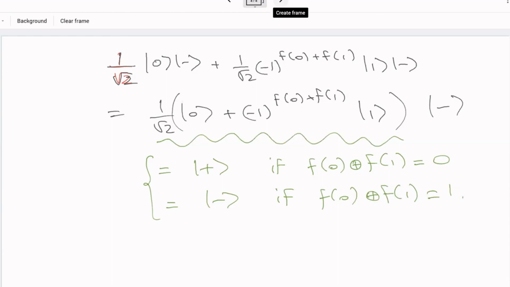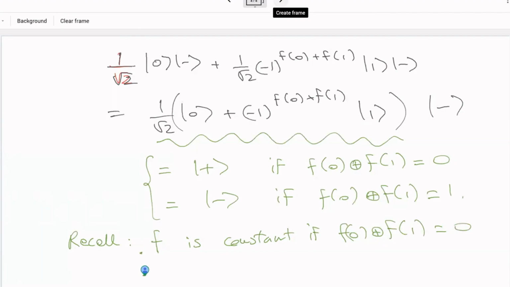And recall that f is constant if the XOR of f of 0 and f of 1 is 0, and f is balanced otherwise.